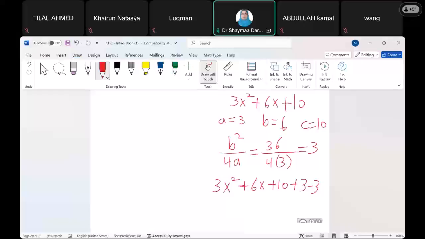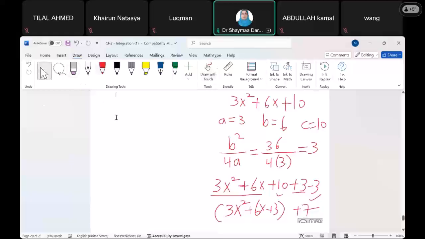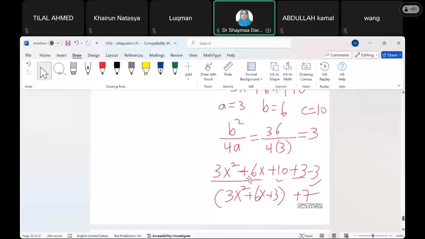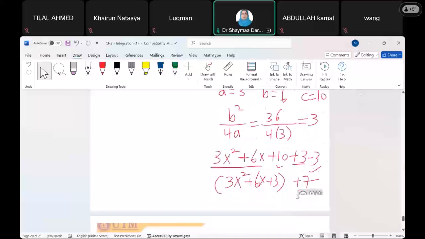Now the full square is the terms having x and the 3: 3x squared plus 6x plus 3. The remaining 10 minus 3 is plus 7. So the complete square is the two terms with x and the number that I add.